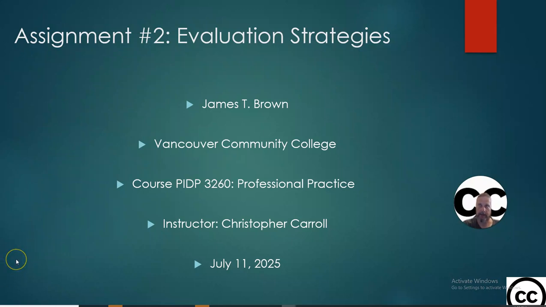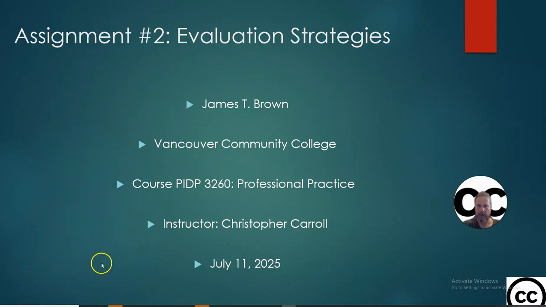So I will need to use different types of evaluation strategies to be able to evaluate how well I am doing and progressing with my students, how well they're picking up throughout a whole program, as opposed to just a one-day evaluation at the end of a single program.